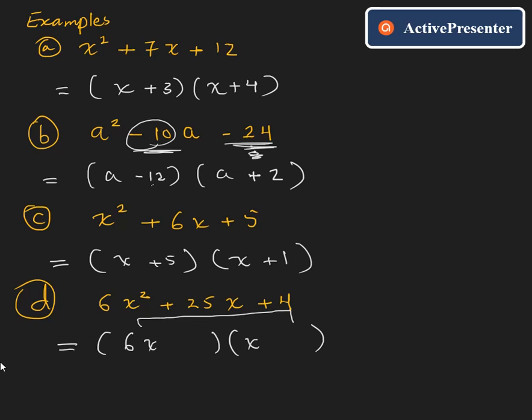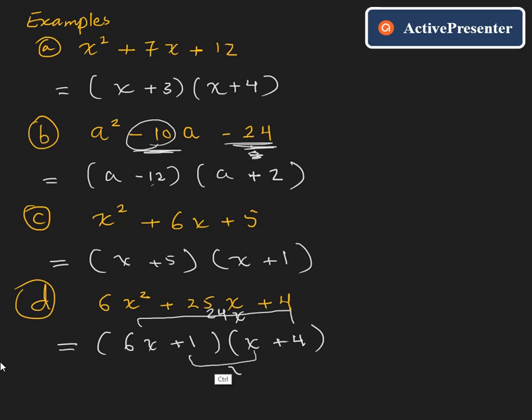If we multiply 6, for example, into positive 4, you will get 24, and if you multiply x into plus 1 you will get x. So 24x plus x is 25x, the middle term.